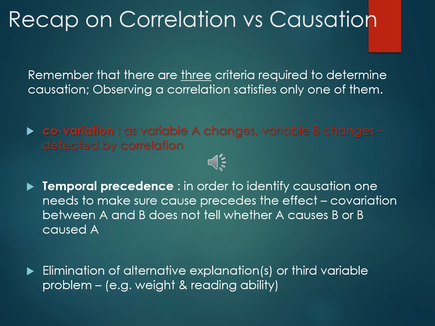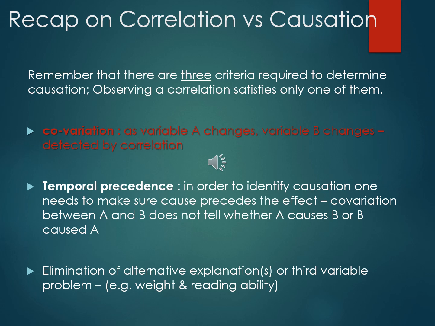So, a recap on correlation versus causation. The goal of experimental studies is identifying causal relations, of how variables A and B are causally related. In order to identify causal relations, three different kinds of criteria are required, listed here.